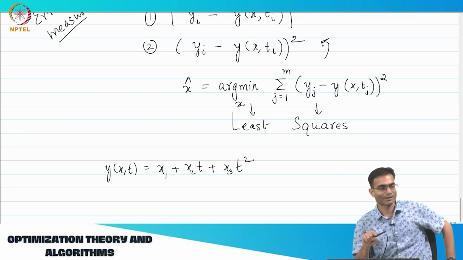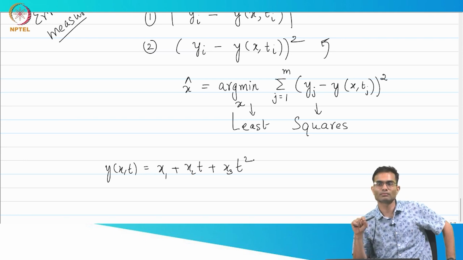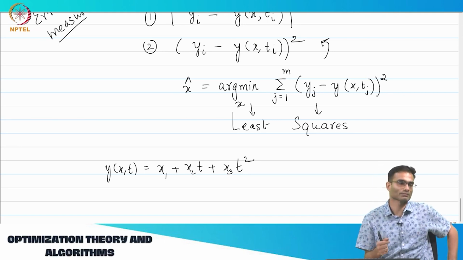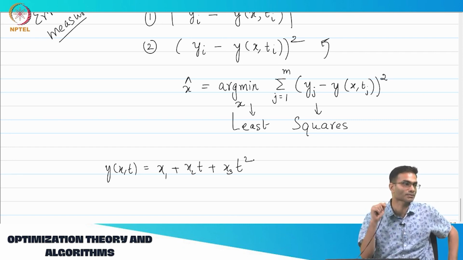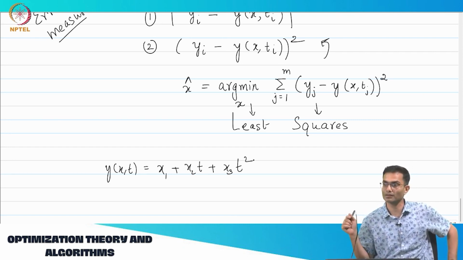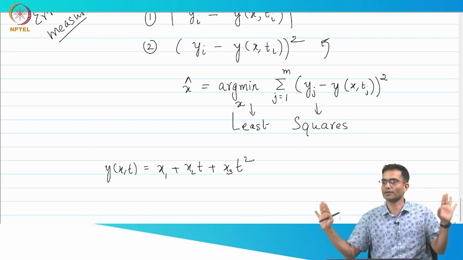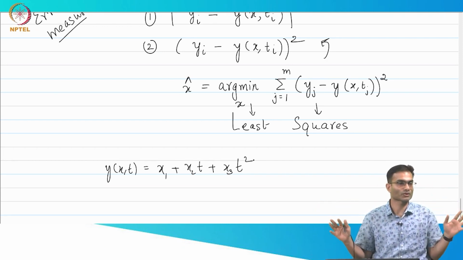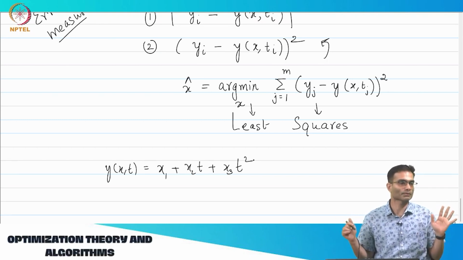So is this linear in T? It's not linear in T, but we don't care about T because T is going to be my measurement. T is going to be given to me. At time 1.1 second, I measured this thing. So in terms of the variables X, what is it? It's linear. It's X1, X2, X3, they're appearing by themselves. They're not multiplied by each other. They are not in log or exponential or whatever. So this is a linear least squares problem.